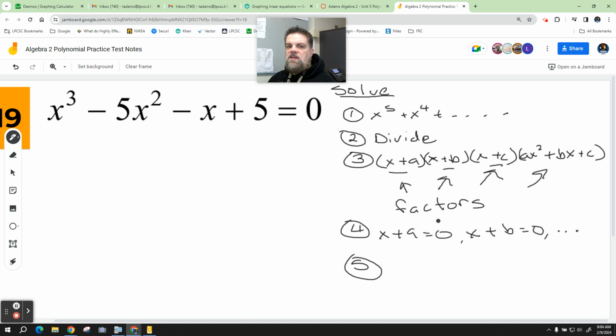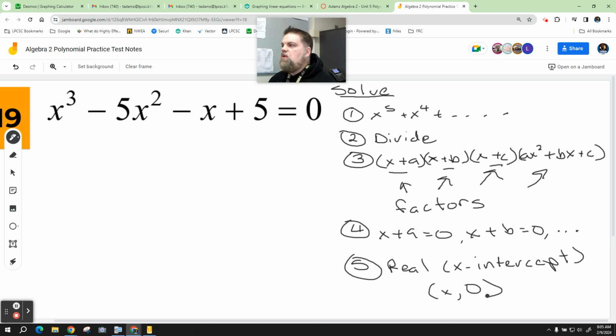But if they're real solutions, in other words, a real number, not an imaginary number, and I heard my first hour class was not complaining, but had some concerns about imaginary numbers. If they're real numbers, then they are going to cross the x-axis, or they are what we call an x-intercept. And that just means you'll have some value for x and y equals 0. Okay, if they're real numbers.